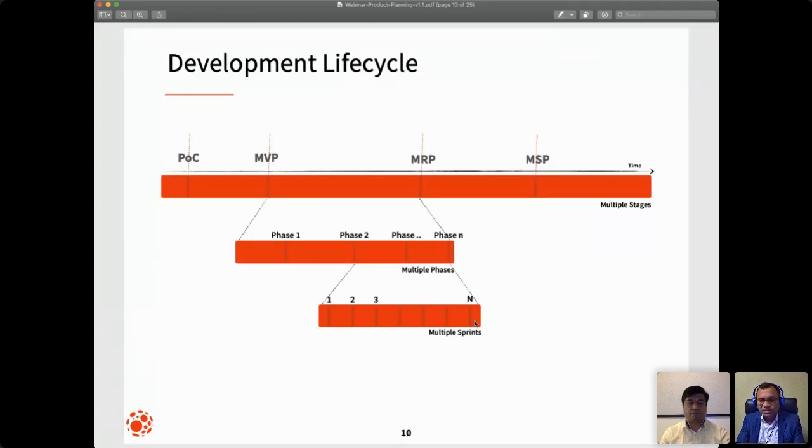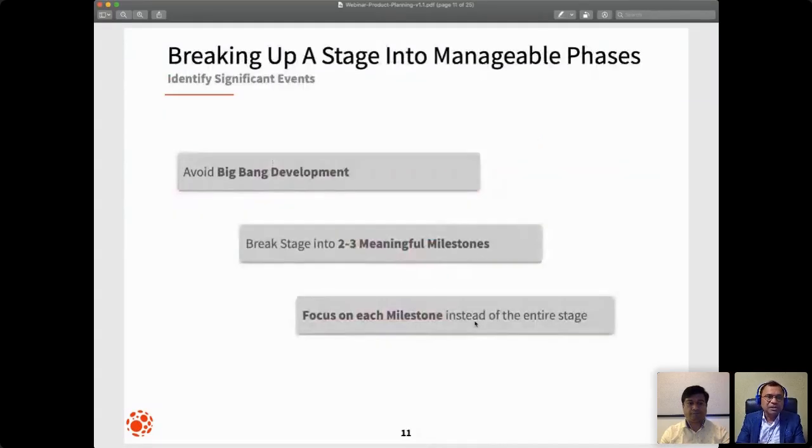It really becomes useful for even people not involved in product planning to know what goes on here. So now, how do you break up a stage into different phases? You actually have to avoid taking too big development tasks.